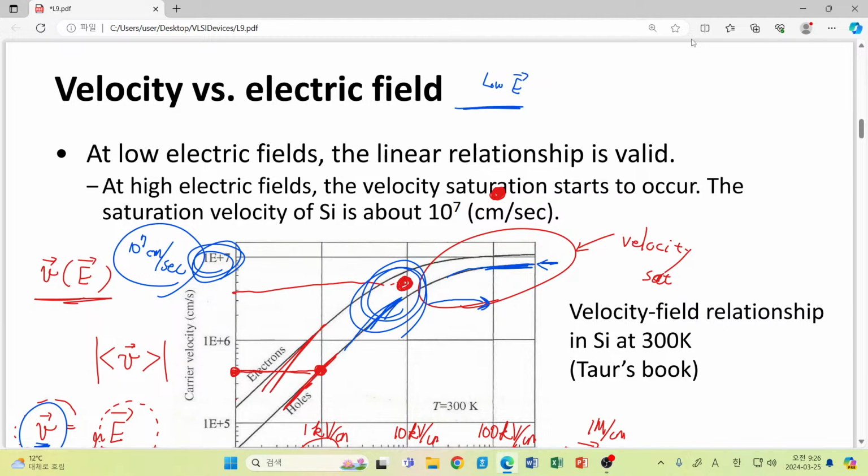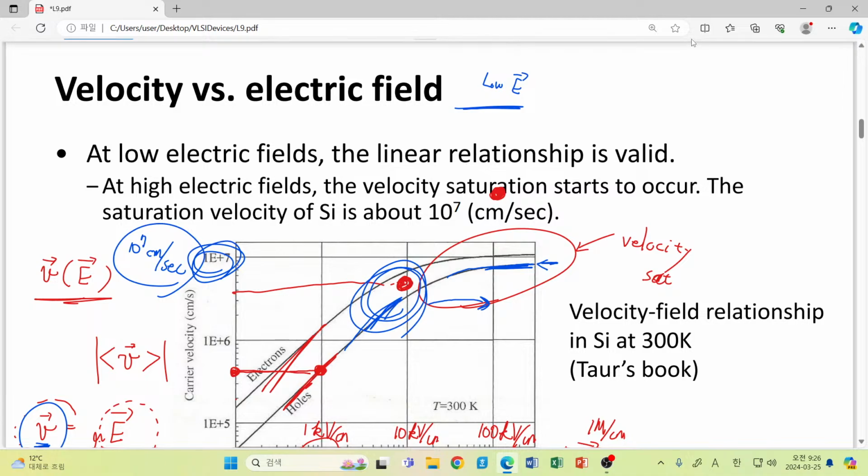However, when you try to use some material in a realistic application, like logic or any kind of memory application, then usually what you apply is quite a high electric field.